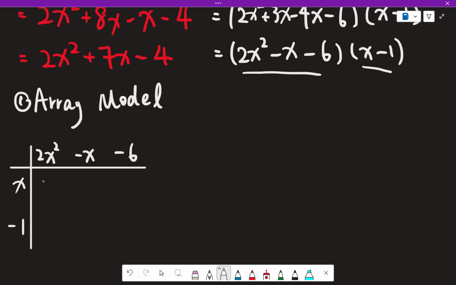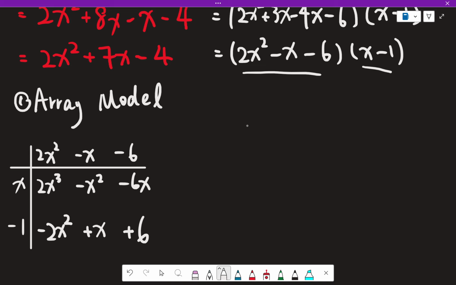So x times 2x squared gives us a 2x cubed, x and -x gives us a -x squared, x and -6 gives a -6x. -1 and 2x squared gives us a -2x squared, -1 and -x gives us a positive x, and -1 and -6 gives us a positive 6.